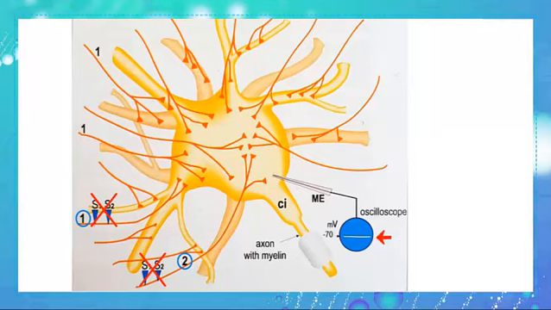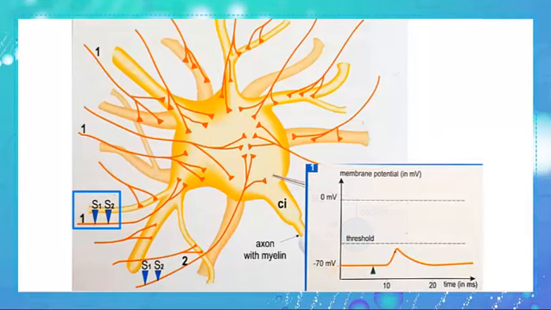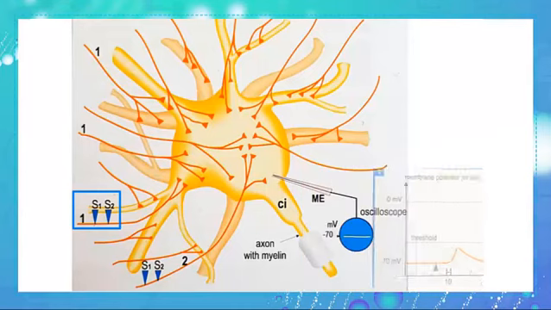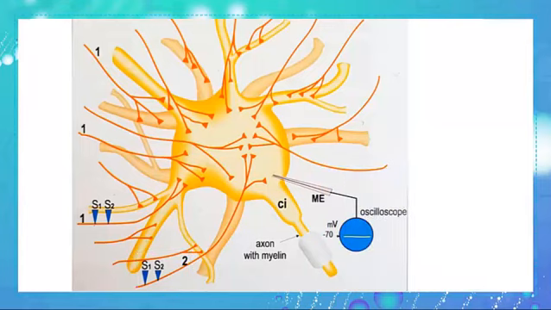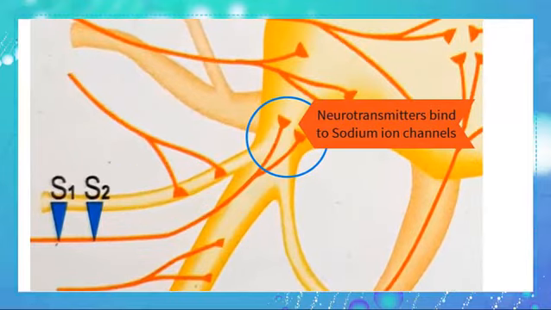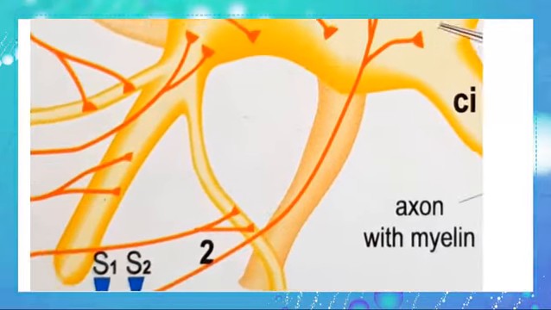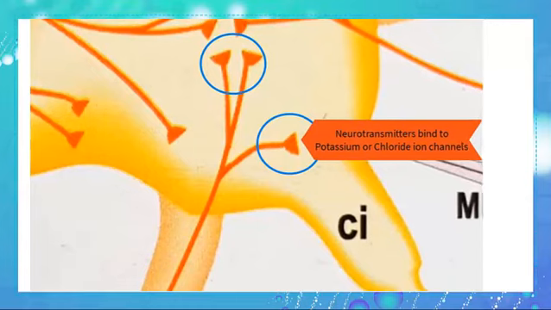But the stimulation applied to the presynaptic fiber 1 leads to a hypopolarization or depolarization, while a similar stimulation applied on fiber 2 leads to hyperpolarization of the motor neuron. This different response of the motor neuron suggests that the receptors of the neurotransmitters released by fiber 1 must be sodium ion channels, while the receptors of the neurotransmitters released by fiber 2 must be potassium or chloride ion channels.